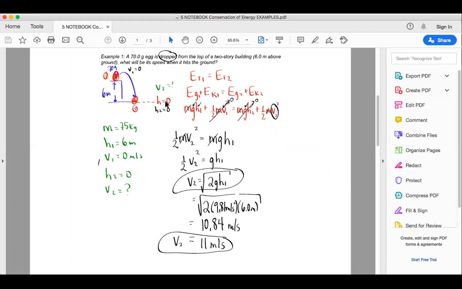We're going to set our reference level of H equals 0, and then write our law of conservation of energy statement. ET1 equals ET2, and the total mechanical energy at 1 is made up of EG plus EK. Total mechanical energy at 2 is EG plus EK. Substitute in mgh for the EGs and 1/2 mv squared for the EKs.